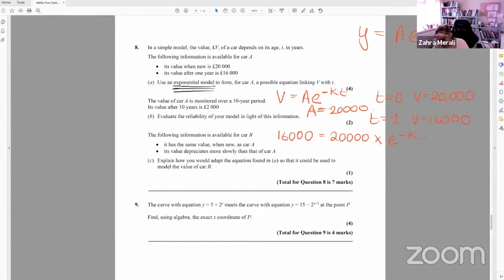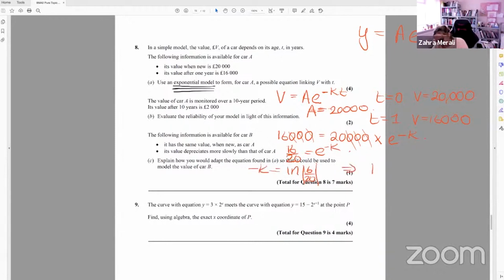And we can rearrange that. So we end up with 16 over, get rid of the zeros, 16 over 20 equals e to the minus k. Ln of 16 over 20 equals minus k.